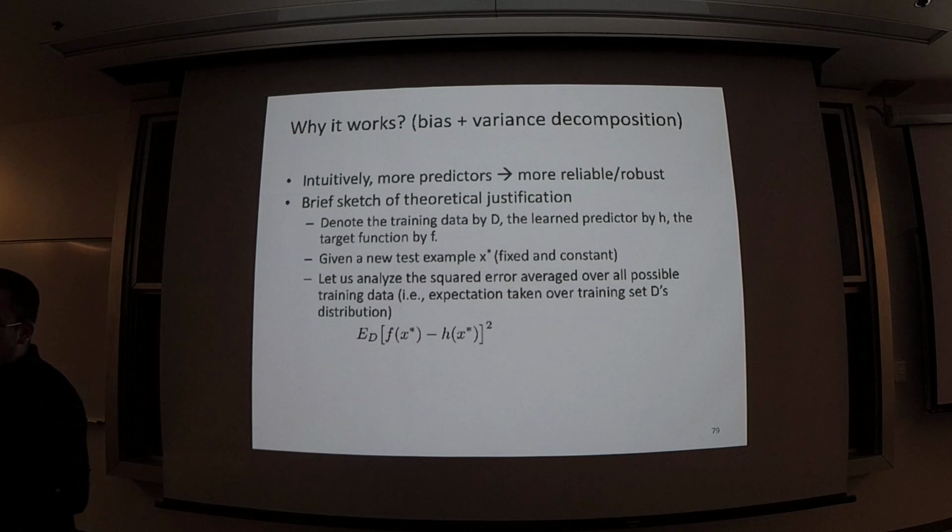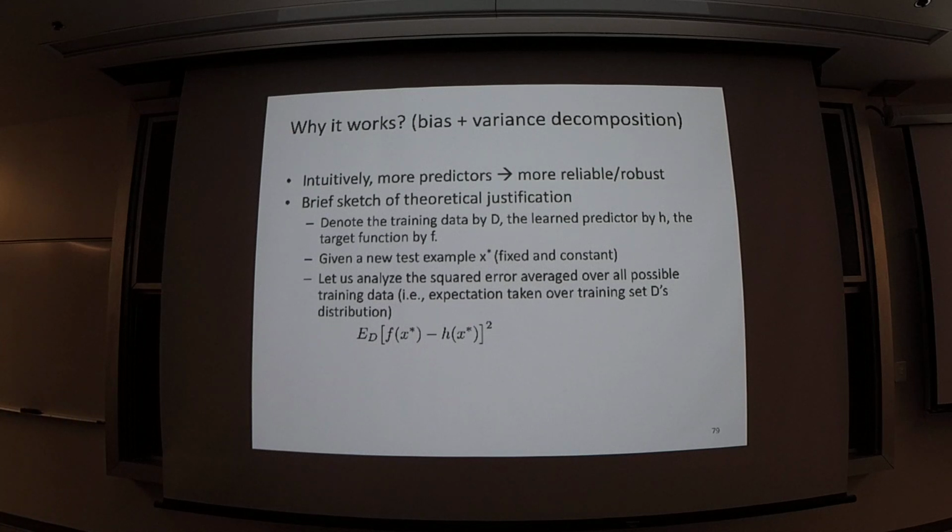That's the idea. So now let us look at a more rigorous framework. Intuitively, when we combine or average more predictors, we obtain more reliable or robust results. That is, we can cancel the variances caused by different noises. That's the key idea.